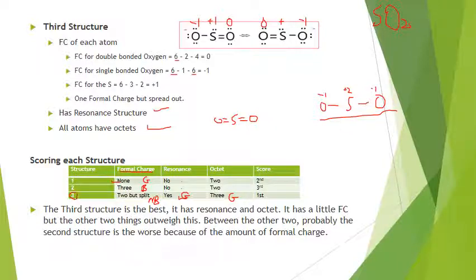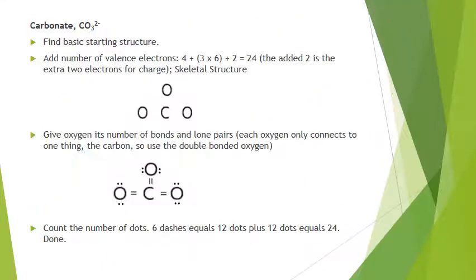Overall, it looks like the number 3 structure is probably our best. It has resonance structure, which spreads out the charge, with the charge moving between atoms, which stabilizes it, and then it has octets.